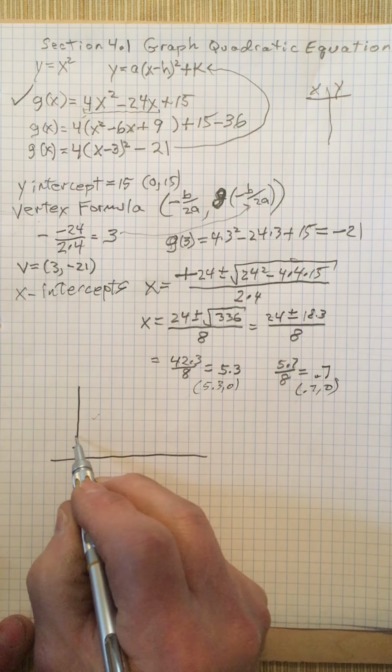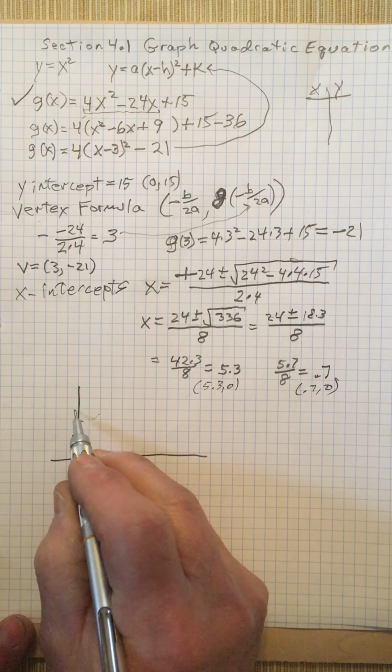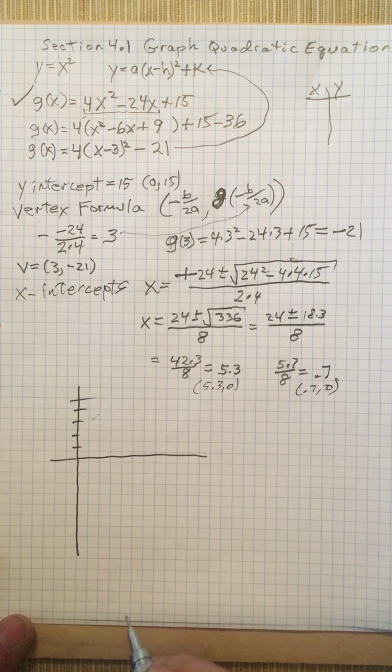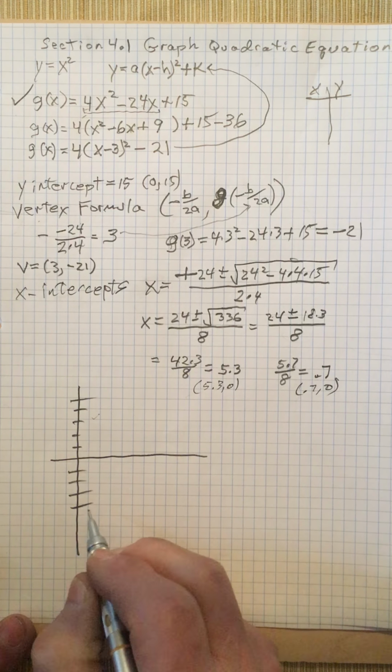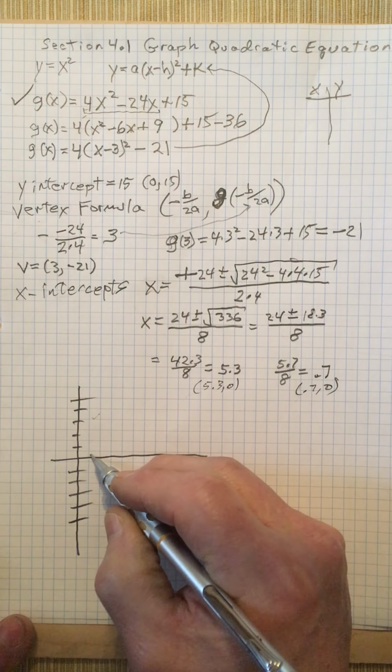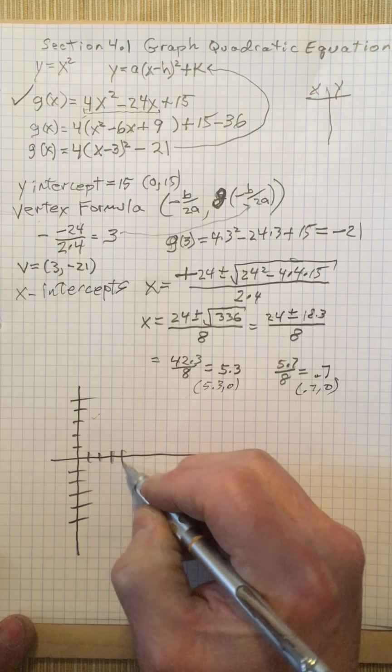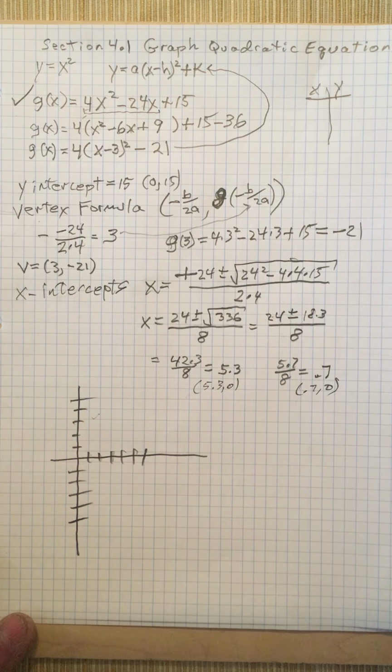So 5, 10, 15, 20, 25, 5, 10, 15, 20, 25, and we'll do ones here. Okay, let's start with the vertex.